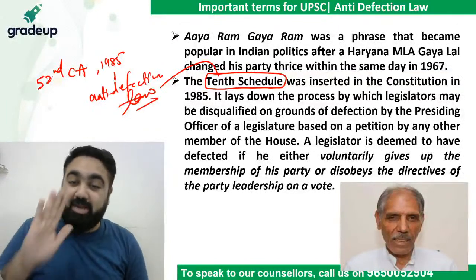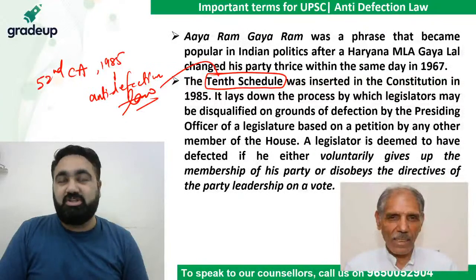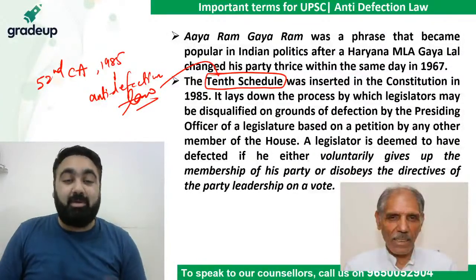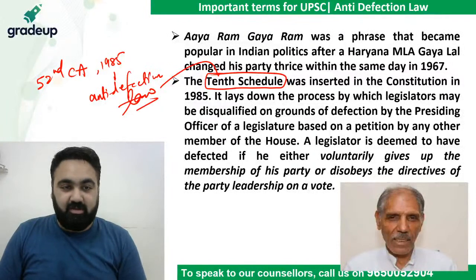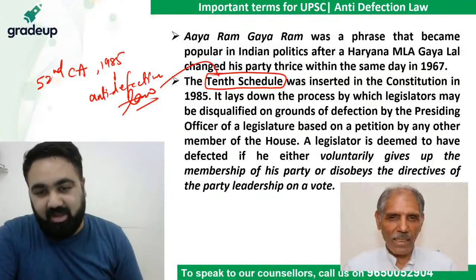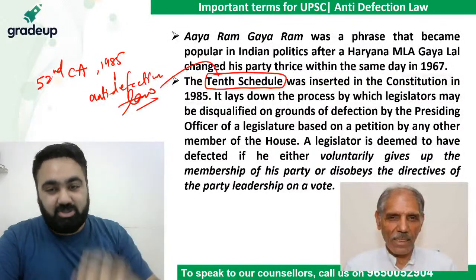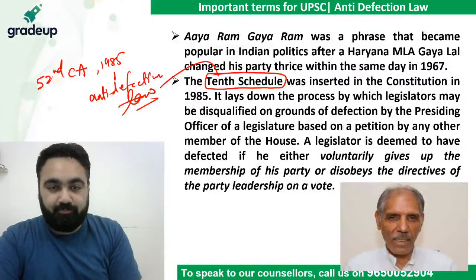In fact, Schedule 10 originally contained information about Sikkim. It said that Sikkim is an associate state of India. That part was taken away when Sikkim became a full-fledged state. And now the 10th Schedule talks about disqualification of people under the anti-defection law.